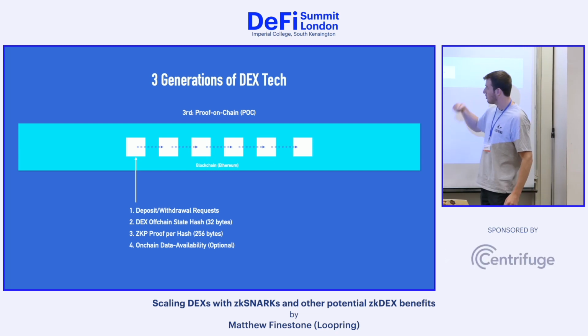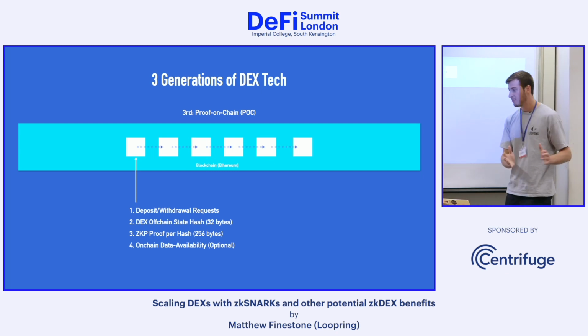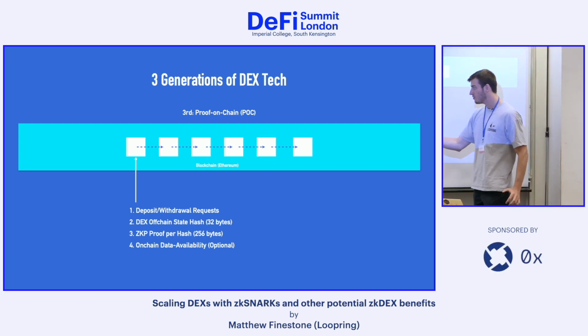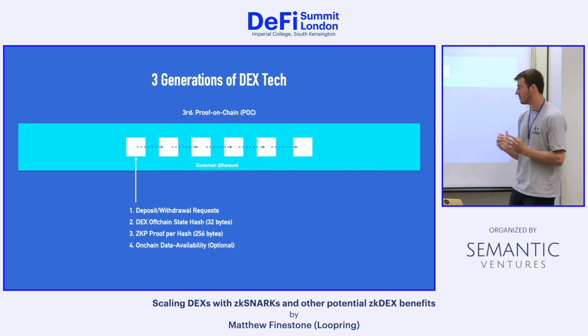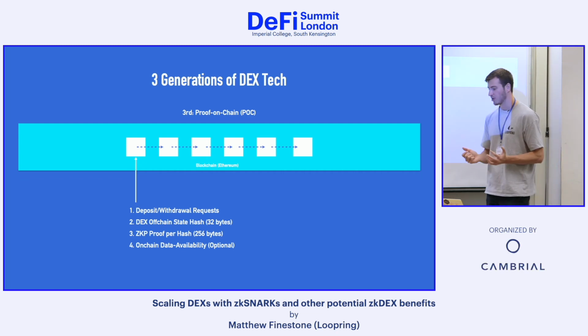And then what's put on-chain is the state hash of that off-chain Merkle tree, a proof which proves that everything was executed faithfully, that all deposits, withdrawals, and trades complied with the protocol rules, right?